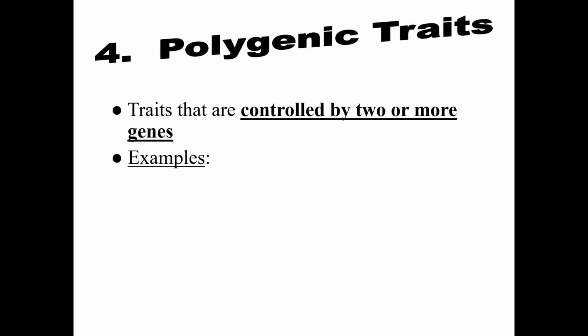Now, the last one, and then we call it a night. Then we have polygenetic traits. Now, of course, as you know, poly means many, multiples. And genic, of course, is going to be genetics. So polygenetic traits now is looking at a trait that is controlled by multiple genes.